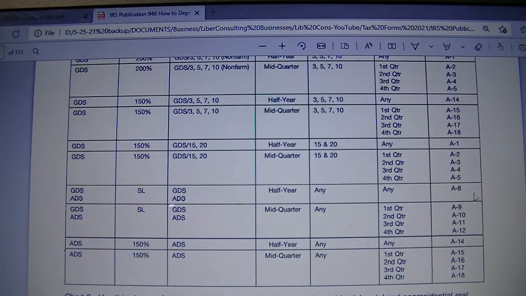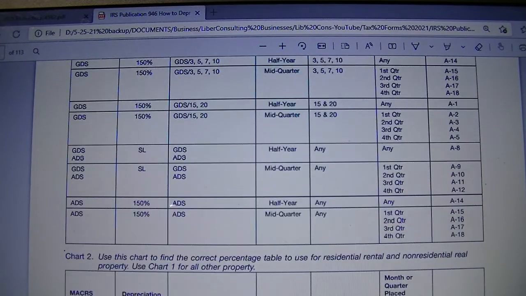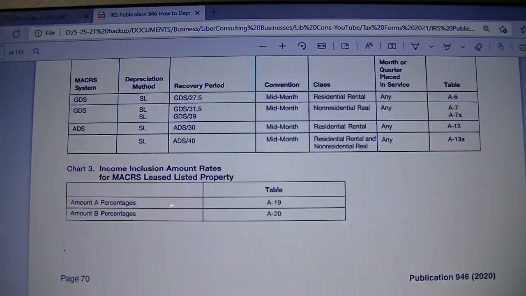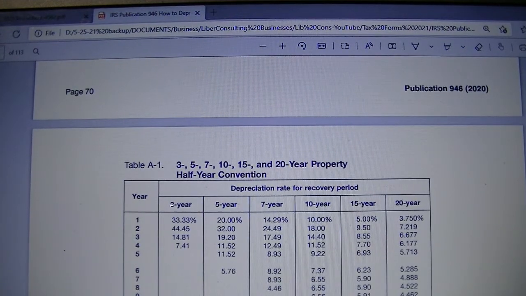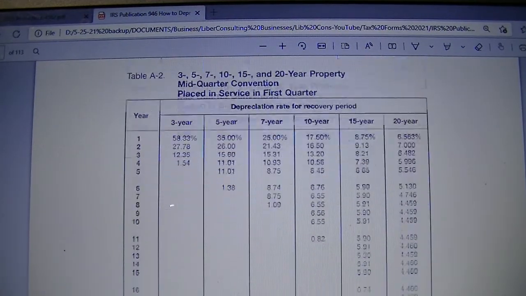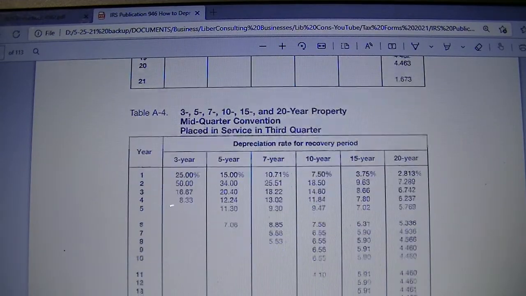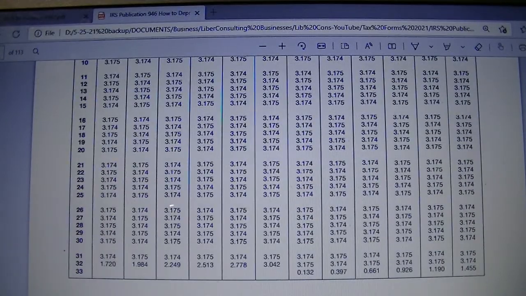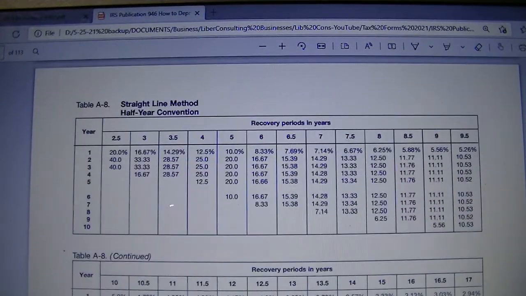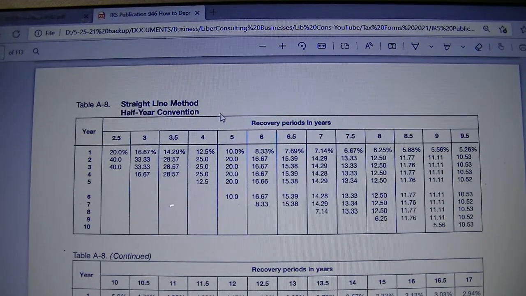So now that we found table A8, we will scroll down to the table. You have table A1. We are looking for the 8th one. And that's table A8, straight line method, half year convention. And our asset has a 5-year recovery.